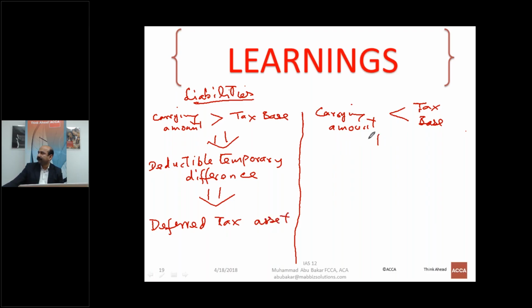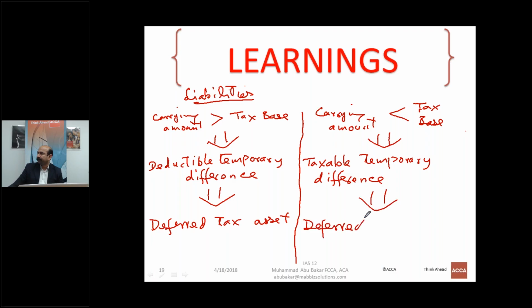And here, taxable temporary difference, and when we multiply this taxable temporary difference with the tax rate, this will give us deferred tax liability. We proved it for asset. The same is true for liability.